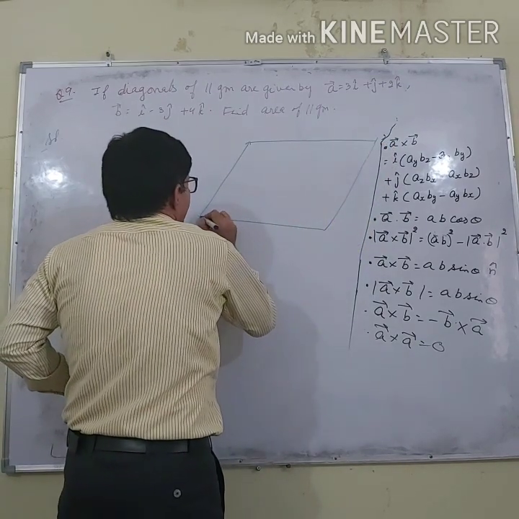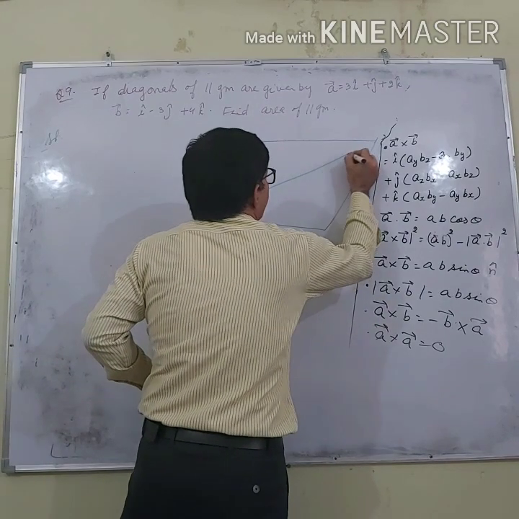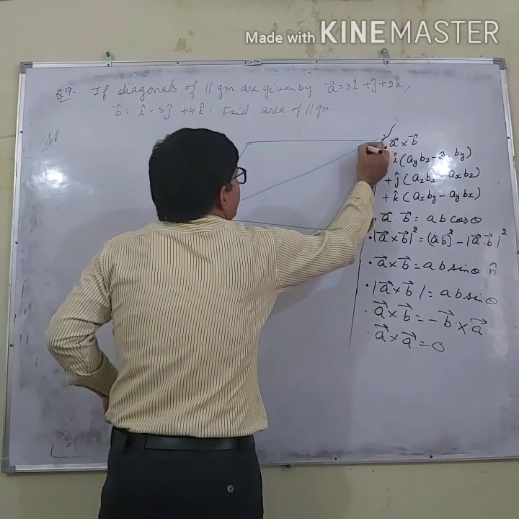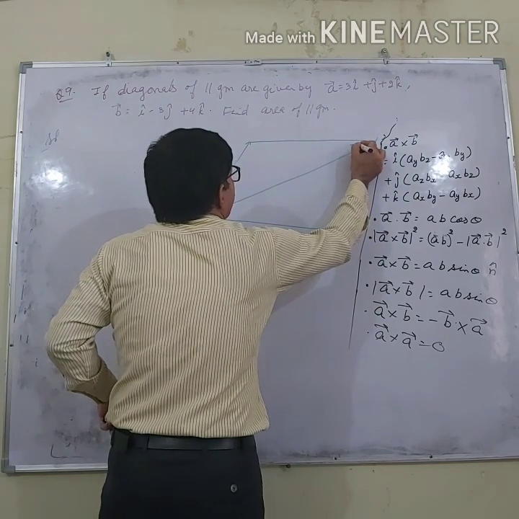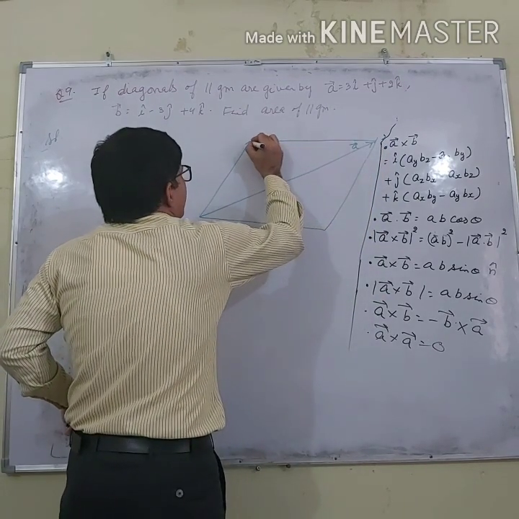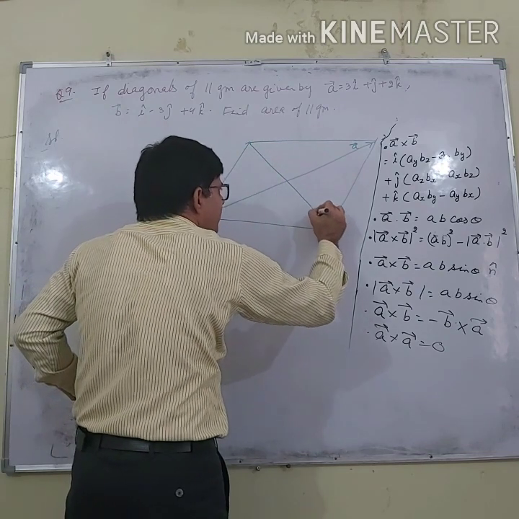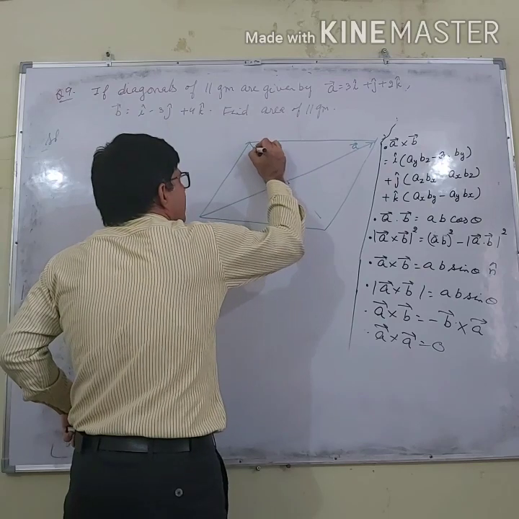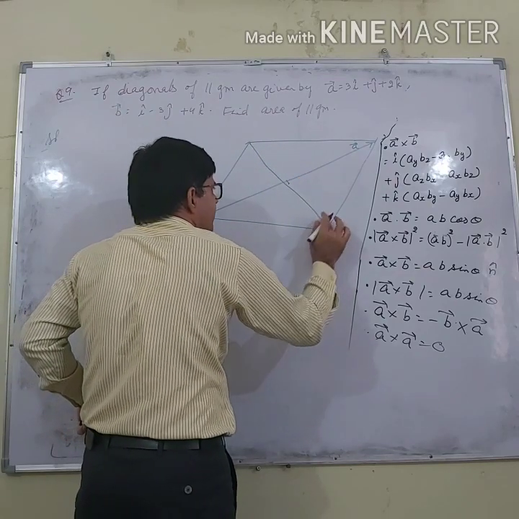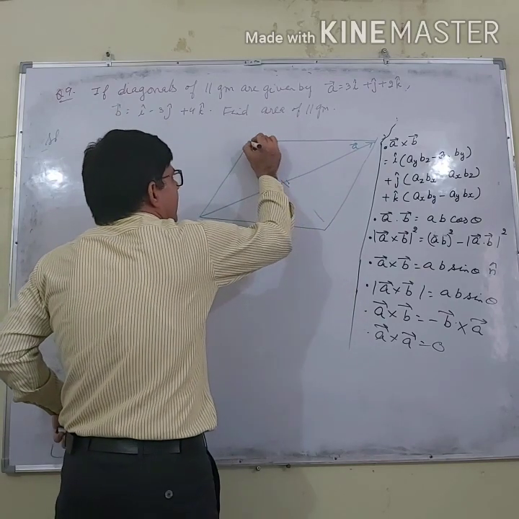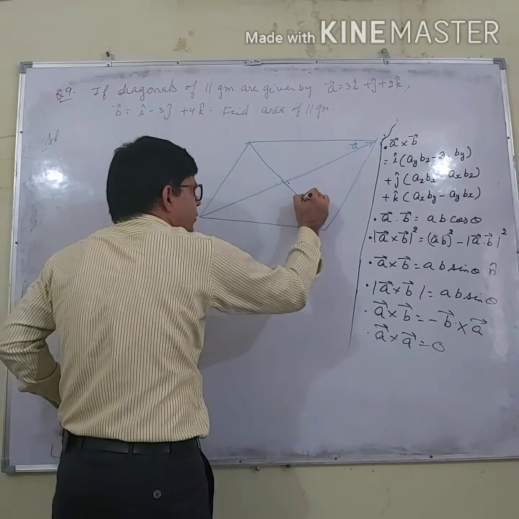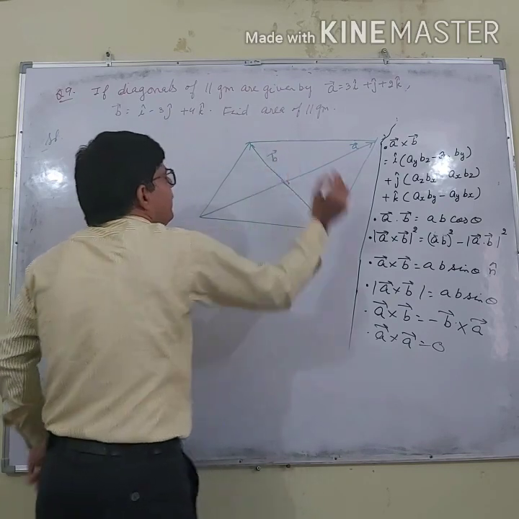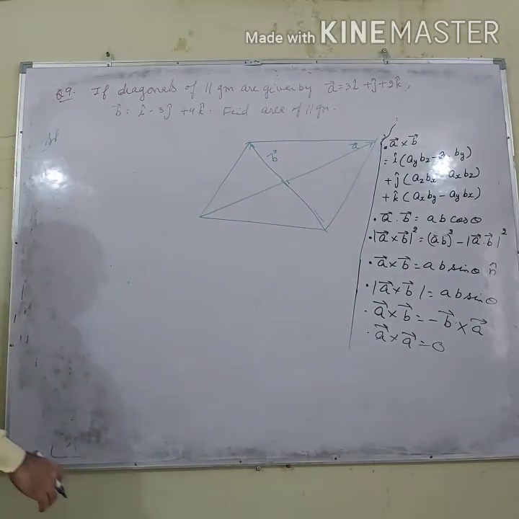What I am given is that this vector is A and another diagonal is representing vector B. Find out the area of the parallelogram.